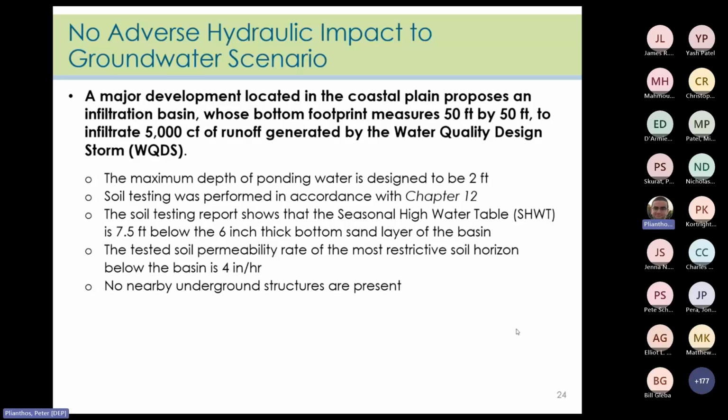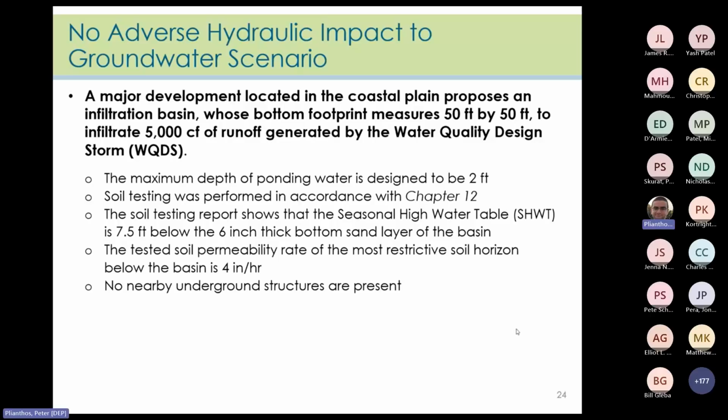For the first example, a major development located in the coastal plain proposes an infiltration basin whose bottom footprint measures 50 feet by 50 feet to infiltrate 5,000 cubic feet of runoff generated by the water quality design storm. The maximum depth of ponding water is designed to be 2 feet.